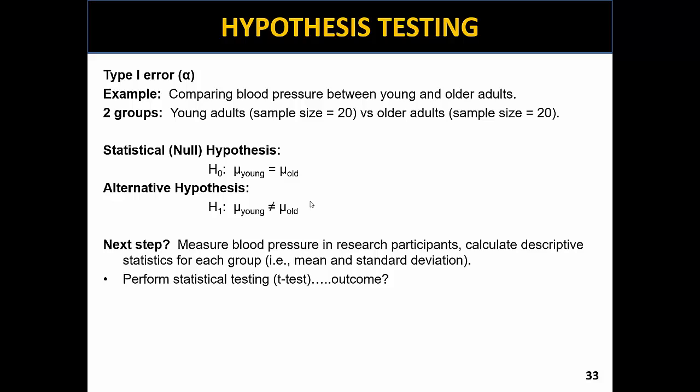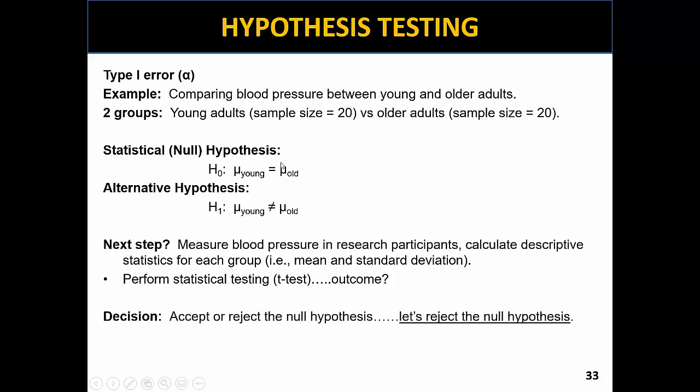So the t-test refers to a set of calculations and statistical procedures that we will use the outcome of to accept or reject the null hypothesis. So we conducted our study, we've conducted our statistical test, and now we have to come to a decision of accepting or rejecting the null hypothesis.